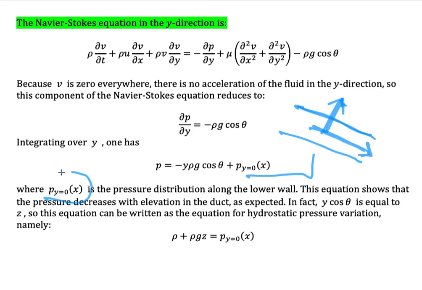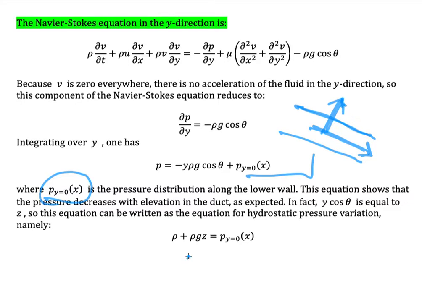Where p at y equal to 0 is the pressure distribution along the lower wall, the equation shows that the pressure decreases with elevation in the duct as expected. In fact, y cos theta is equal to z, so this equation can be written as the equation of hydrostatic pressure variation, namely p plus rho g z, as this one.